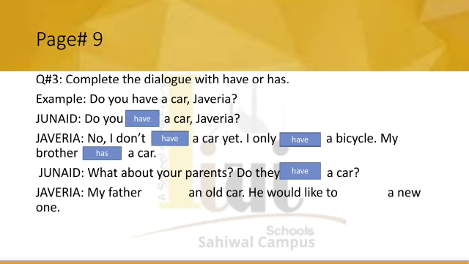Javeria: my father has an old car. Her father is a singular subject, so what can we write? Yes, it's has. He would like to have a new one, so he is again a singular subject, we will write has. So our question number 3 is also done.